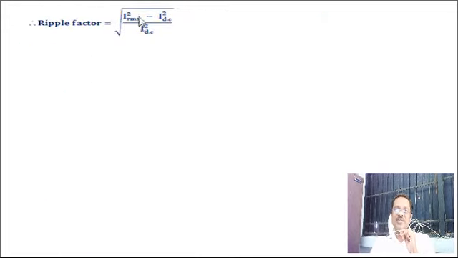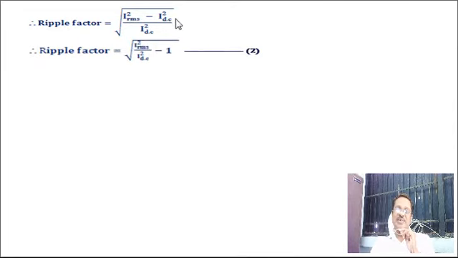Therefore this equation can be written as ripple factor equal to under root IRMS square upon IDC square minus 1. It will be IRMS square by IDC square minus IDC square by IDC square, which will cancel, and therefore 1 occurs. So this is the general equation to calculate the ripple factor.